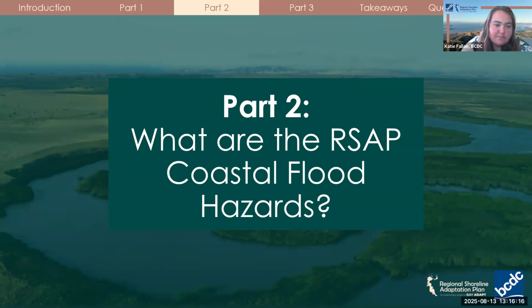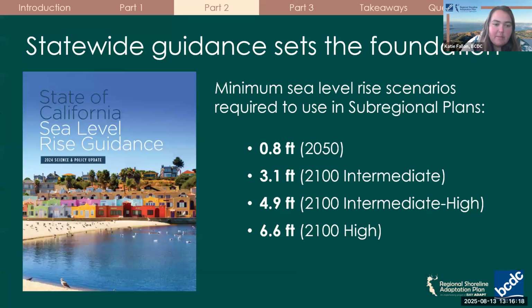The RSAP and the RSAP Atlas use specific sea level rise scenarios based on the best available science from the 2024 California Sea Level Rise Guidance. While we know sea levels are rising, our understanding of how quickly they will rise continues to be refined by advancements in science.